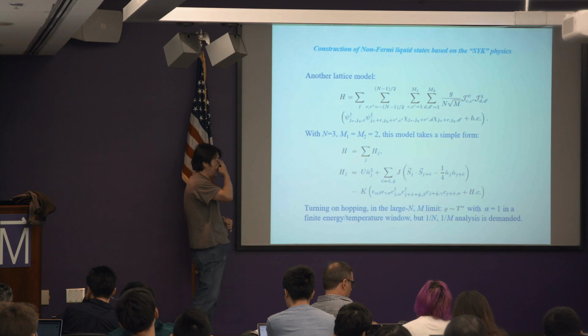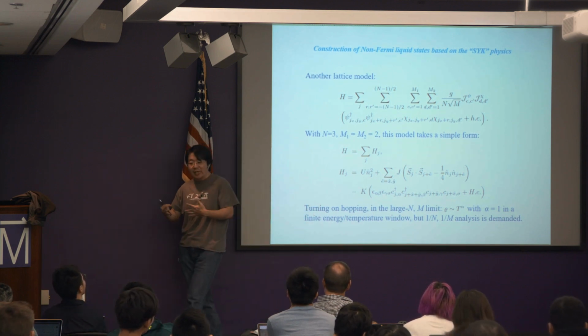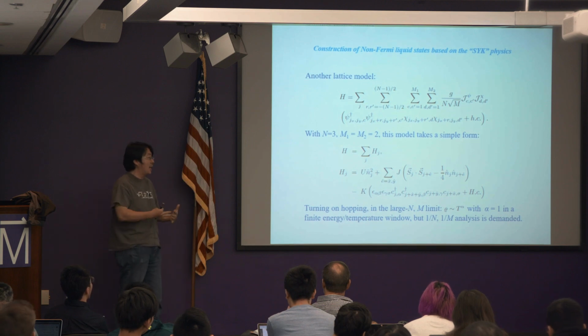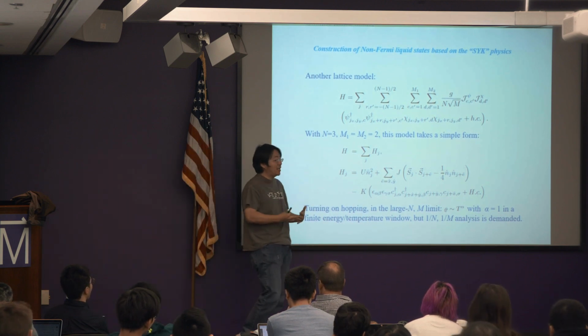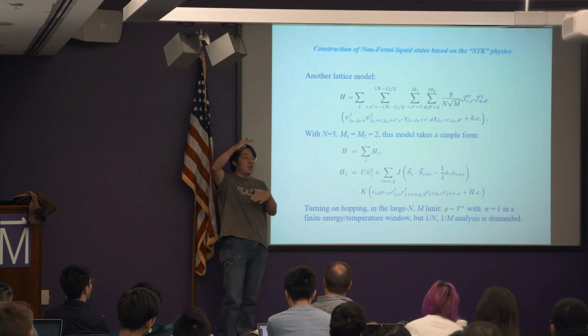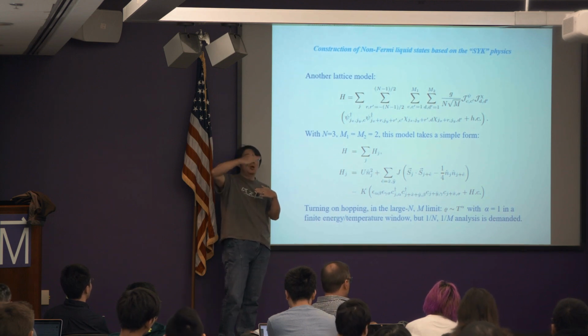In Subir and collaborators' earlier paper for the SYK model, they showed that even with finite n, the SYK scaling can hold within a finite energy window between the SYK interaction and an exponentially suppressed energy scale. So there could be a very large temperature window where the linear T scaling holds.